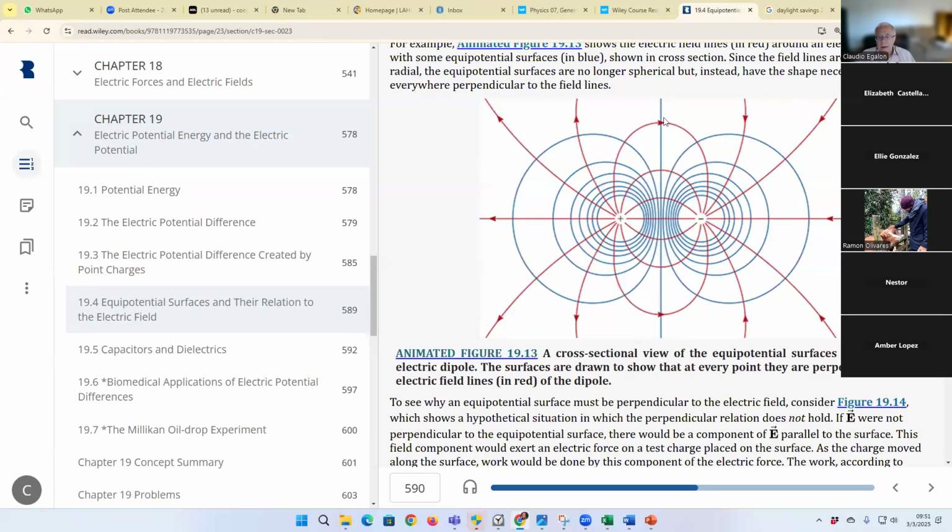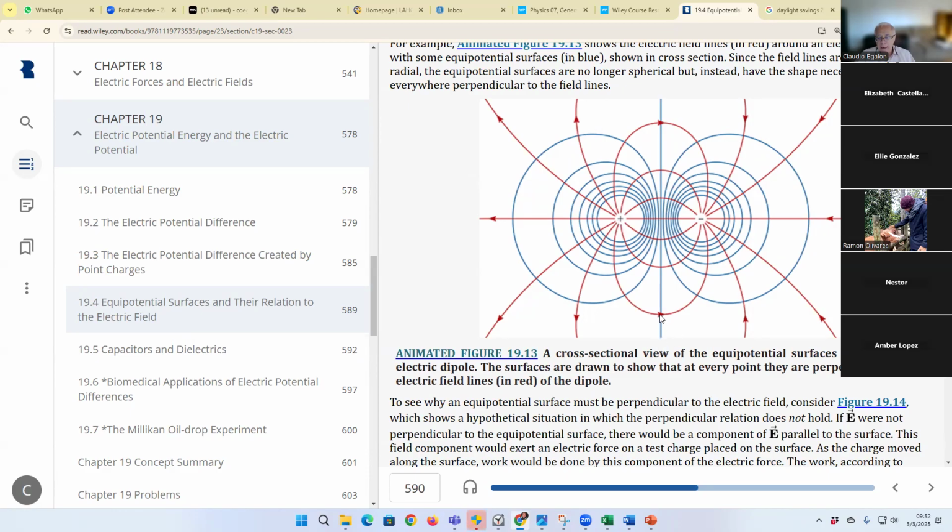Notice here that we have a planar equipotential for this dipole charge distribution. At this point here, the electric potential is going to be exactly 0, because the electric potential due to this charge cancels out the electric potential due to this other charge.